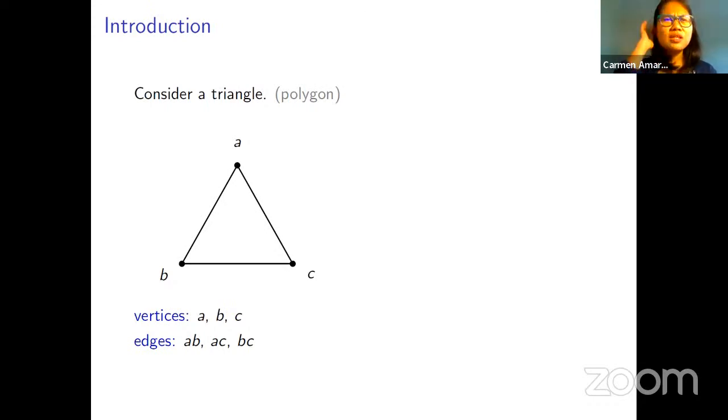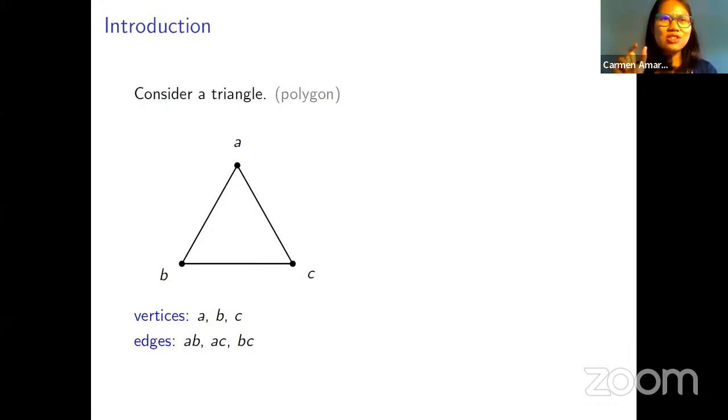Now, we shall be interested in the relationship of these objects, the vertices and the edges, to each other. So we shall say that a vertex and an edge are adjacent exactly when the edge contains the vertex.